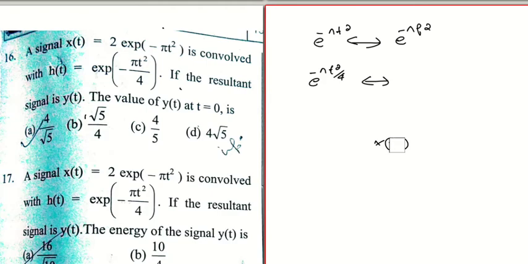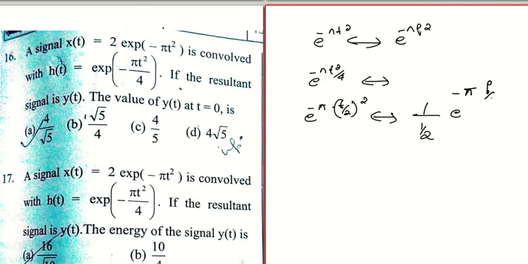So here there is a time scaling, that is e raised to minus pi into t divided by 2 the whole square, right? That is happening here. That is our a here is 1 by 2. So instead of 1 by a, I will write 1 by 2 into e raised to minus pi into f divided by 1 by 2 the whole square. Okay, so what we will get, 2 into e raised to minus pi 4 f square.